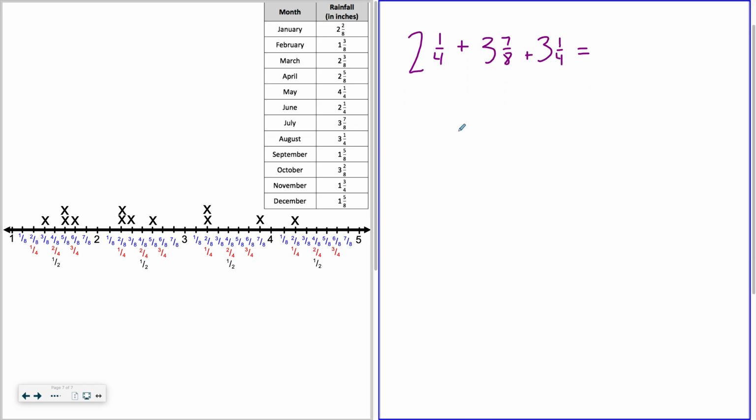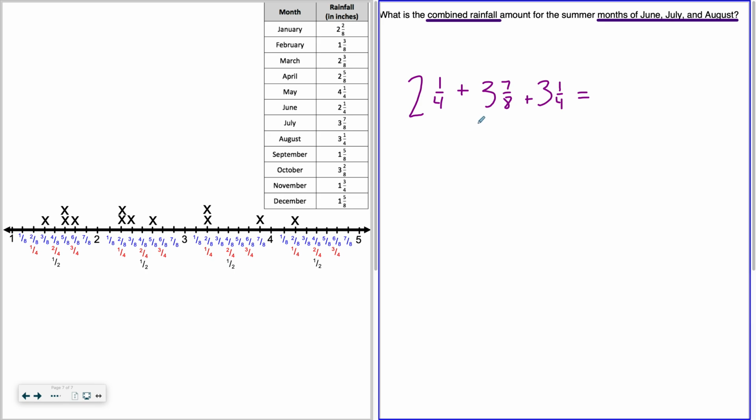So to find a common denominator, you would normally do what is called the least common multiple, right? You list the multiples of 8 and 4. But in this case, you didn't have to do that, but I'll go ahead and do that just so you can see that this strategy does in fact work. So when I do this, I know that my common multiple or my common denominator is going to be 8.